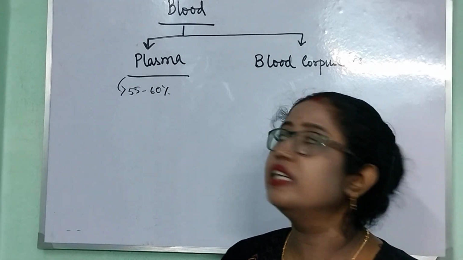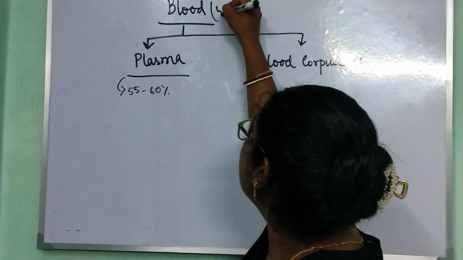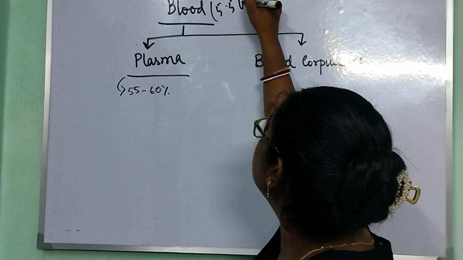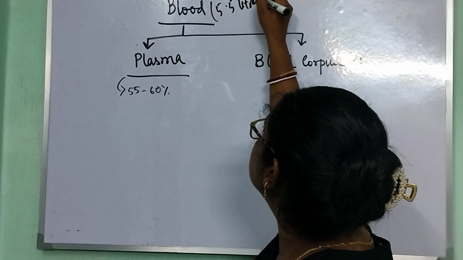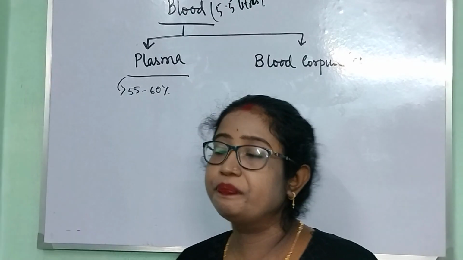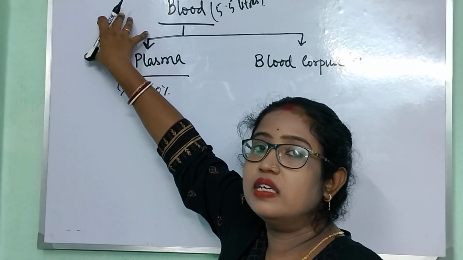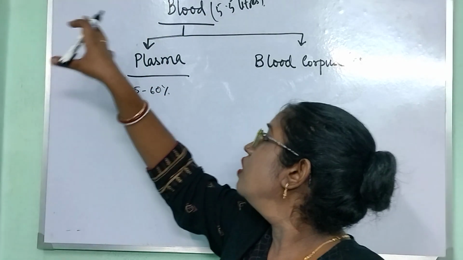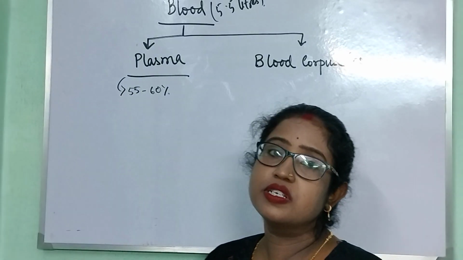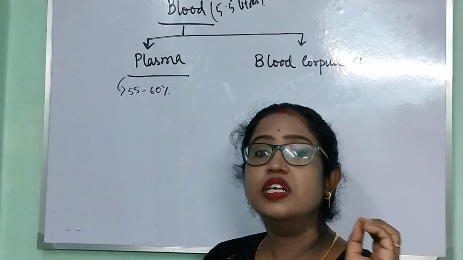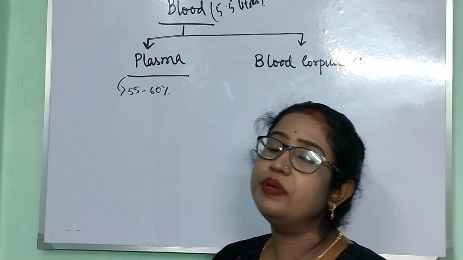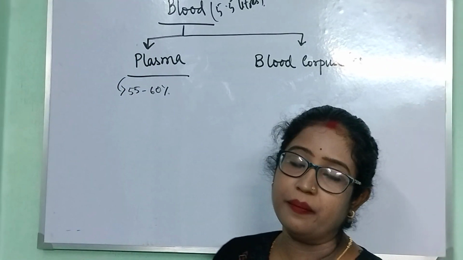Adult humans contain a total of 5.5 liters of blood in their body. So, of the total blood amount, 55 to 60% is the straw colored aqueous, liquid medium known as plasma.